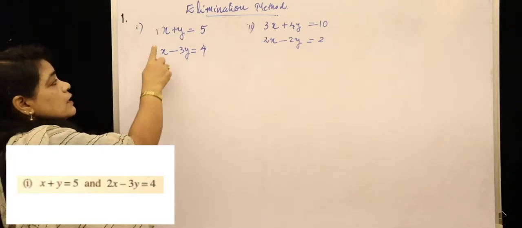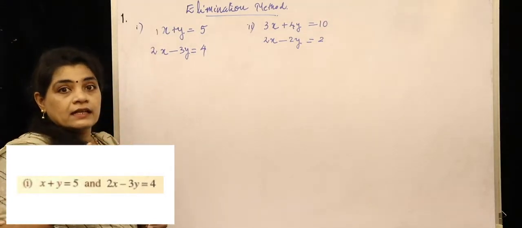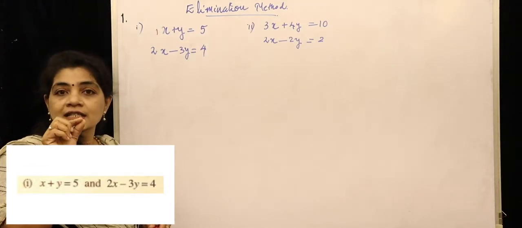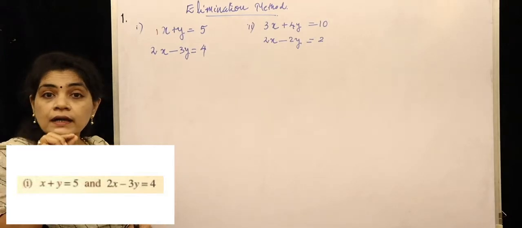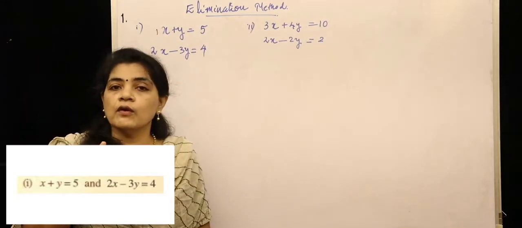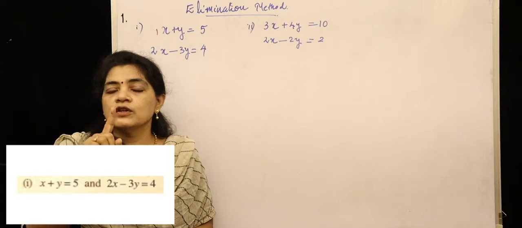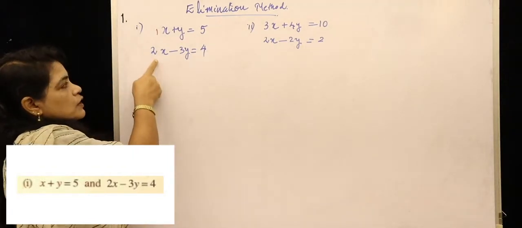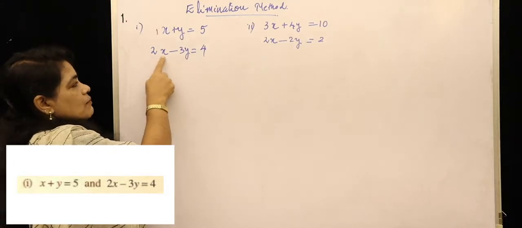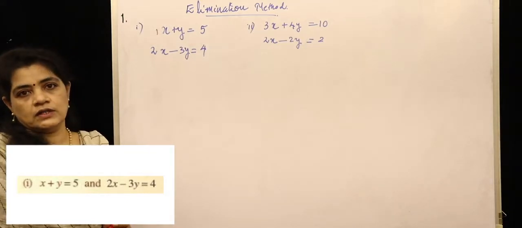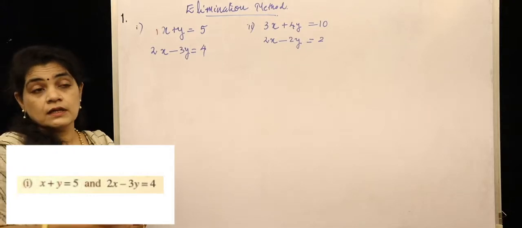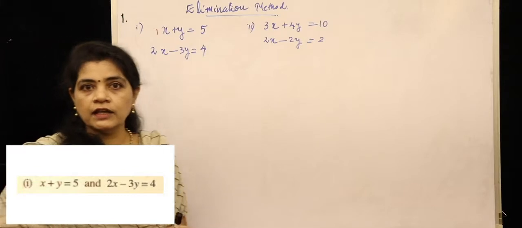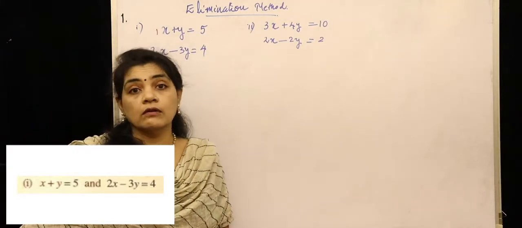In order to make the coefficient of x the same as the coefficient of x in the other equation, this is the method. But a very important point: only when the coefficient of x is 1, then only you can easily make it equal to the coefficient of x in the second equation. Understood? As the problems come, I will explain how the other pairs of linear equations can be solved easily.